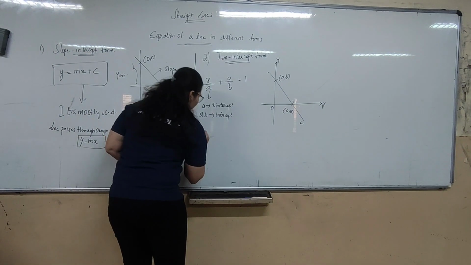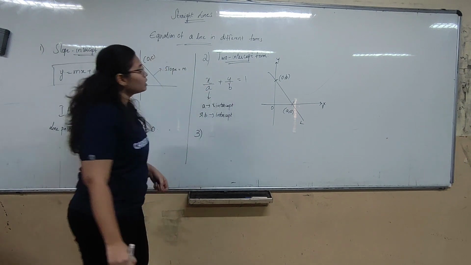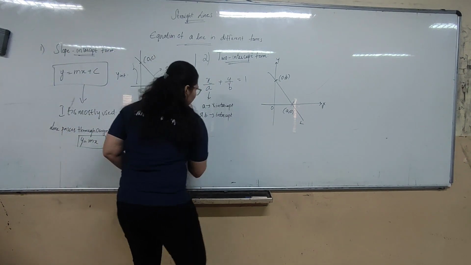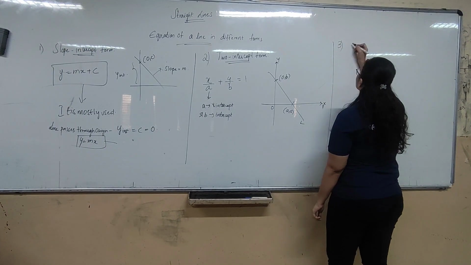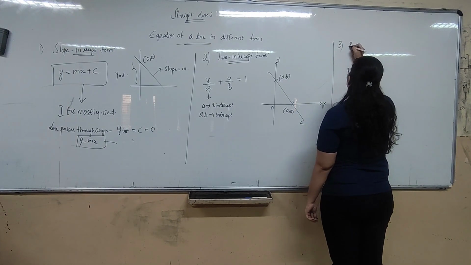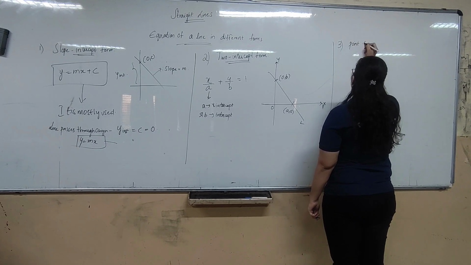Now let's move to the third form, that is point slope form.